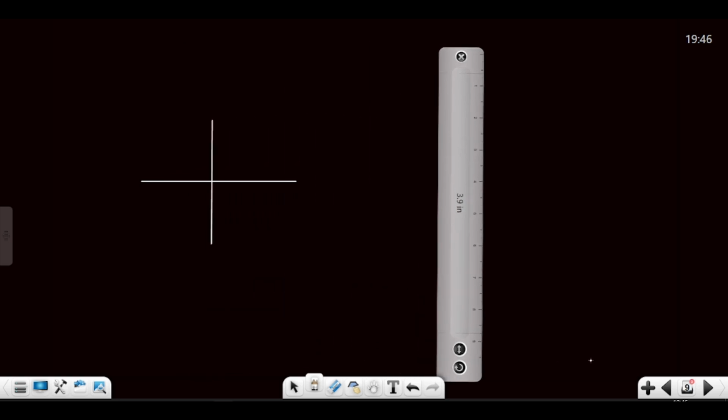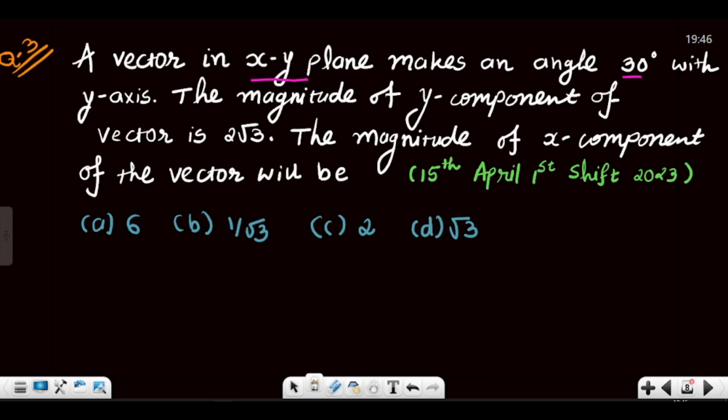Okay, so we have axes like this, and we have a vector in this xy plane which makes 30 degrees with the y-axis.